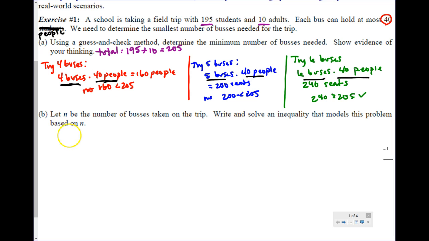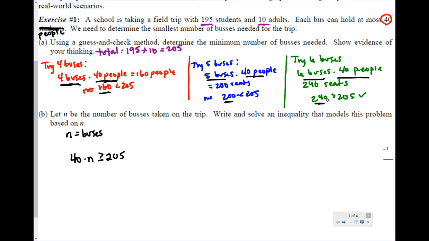So if n is the number of buses, our equation is going to look something like this. 40 times n, because that's what we did each time, 40 times 4, 40 times 5, the number has to be bigger than 205. So I'm going to use an inequality, because 160 didn't work, 200 didn't work, but all of a sudden when I got a number bigger than 205, that was my answer.